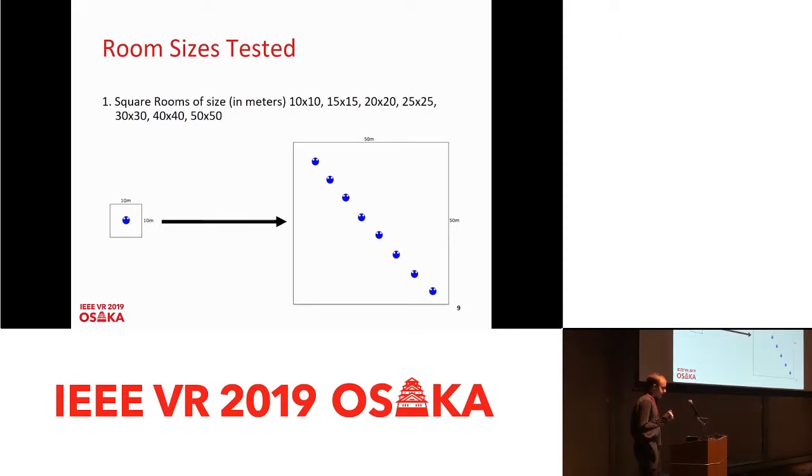In one test, we test redirected walking algorithms in square rooms of different sizes, ranging from 10 by 10 all the way to 50 by 50 meters. For each square room, we look at a single user, and we also extend this to multi-user.